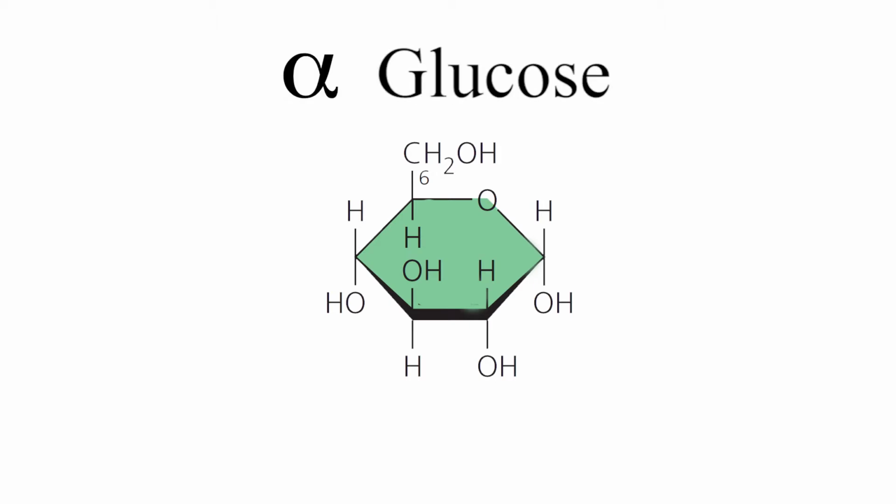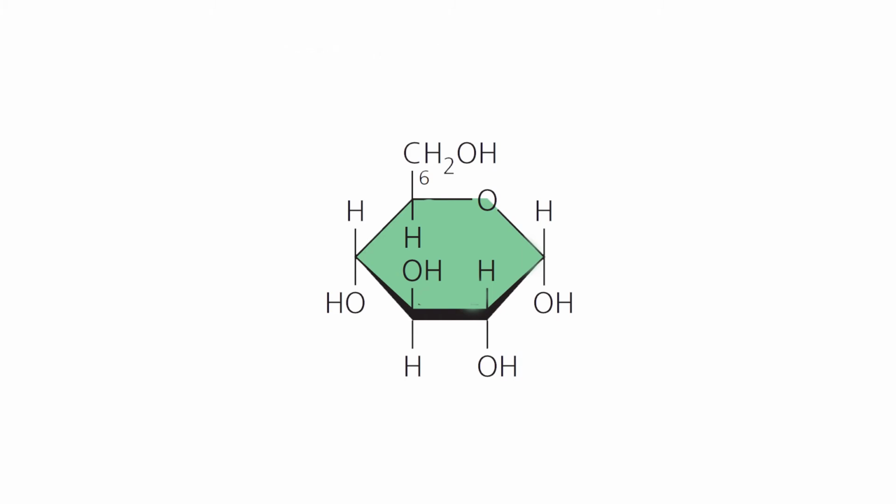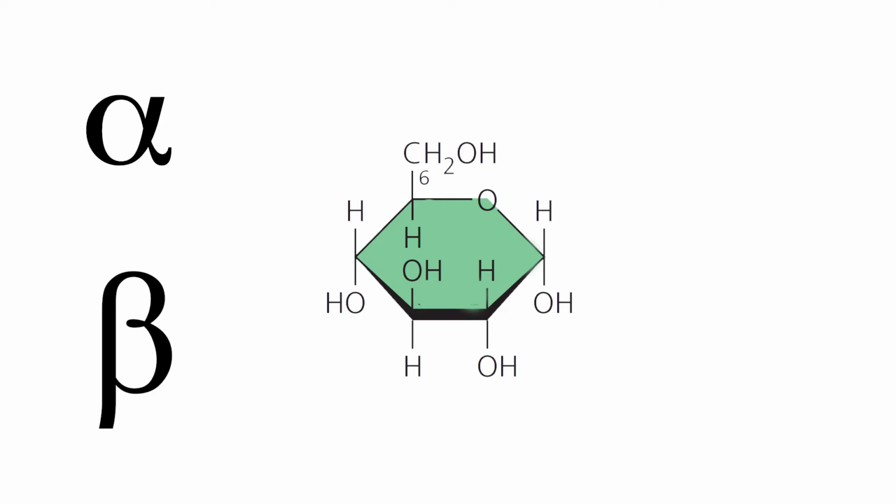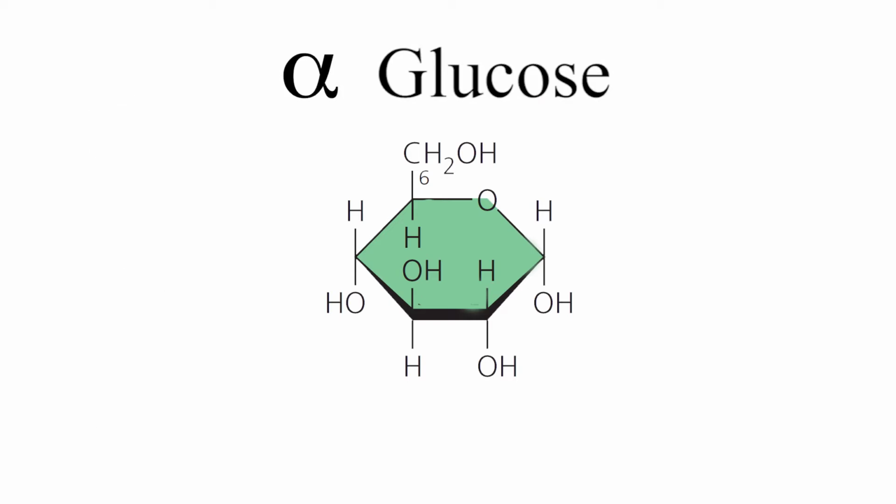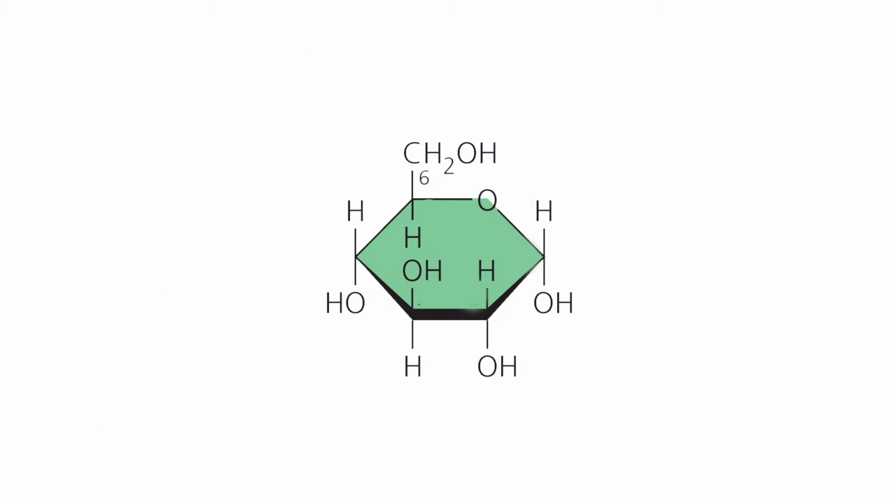like in ring form. Before we proceed, I'd like you to note that there are two different types of glucose, alpha and beta glucose. For now, we're going to look at alpha glucose. Each corner of the ring represents a carbon atom. Notice these hydroxyl groups pointing downwards on the two sides of this glucose. This is how alpha glucose binds to each other.